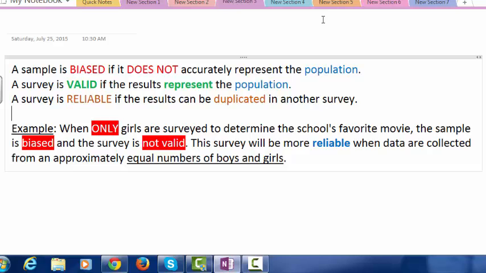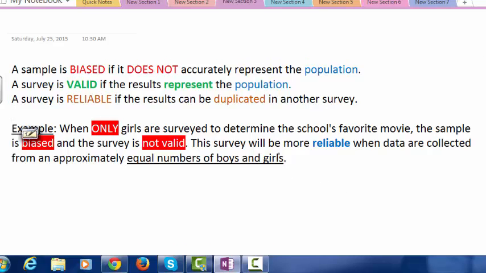So what is the opposite of biased? Valid. A survey is valid if the result represents the population. And something we call reliable if the survey result can be duplicated. The word duplicated here means you can copy it in another survey.